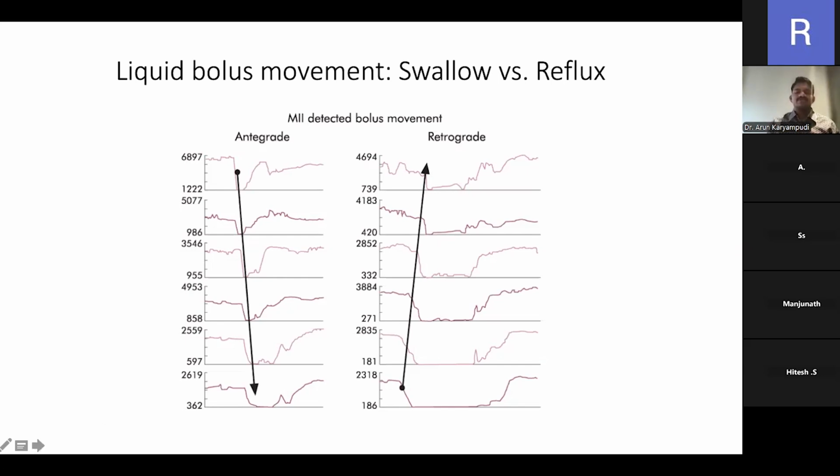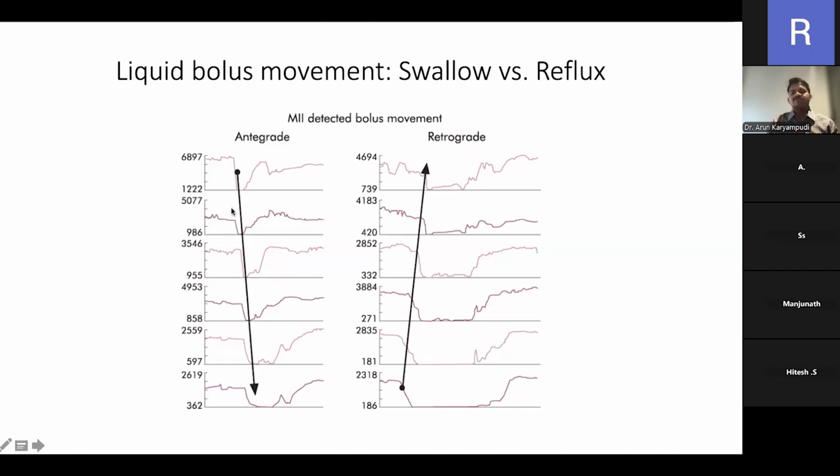In the first picture, you see the impedance is dropping. So this is clearly a liquid bolus movement in the esophagus. The second thing is the direction in which it is moving. It is moving in the aboral direction. So this is a swallow.